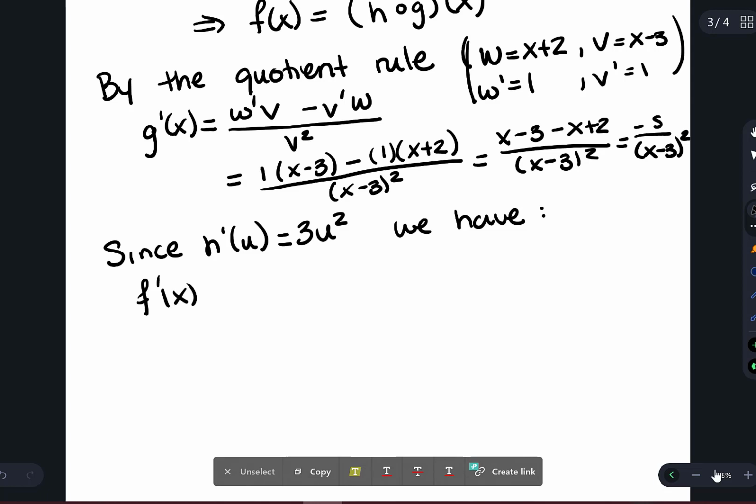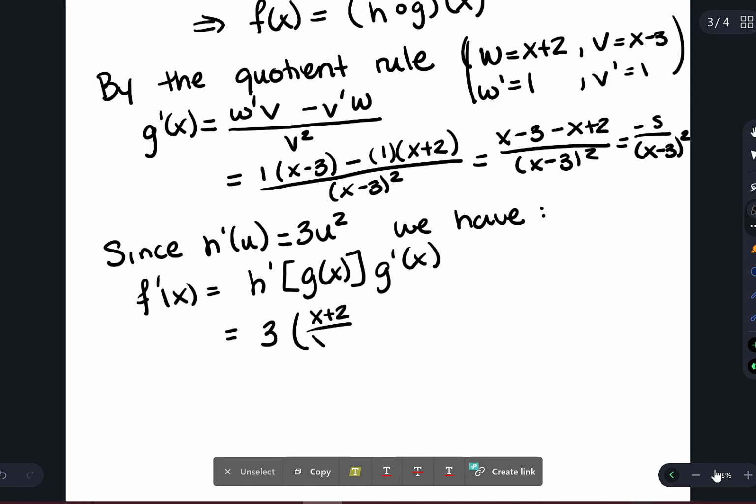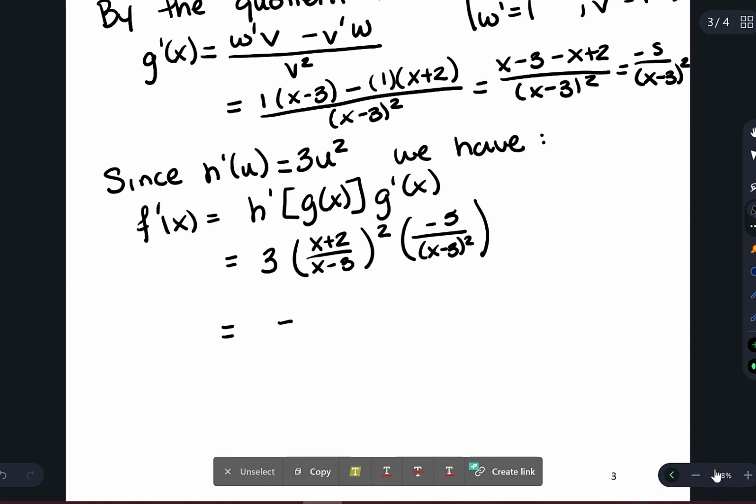We have the following. F prime of x is equal to the derivative of h of u evaluated at g of x times the derivative of g of x, which is equal to 3 times x plus 2 over x minus 3 squared times minus 5 over x minus 3 squared, which is equal to negative 15 times x plus 2 squared all over x minus 3 to the 4th.